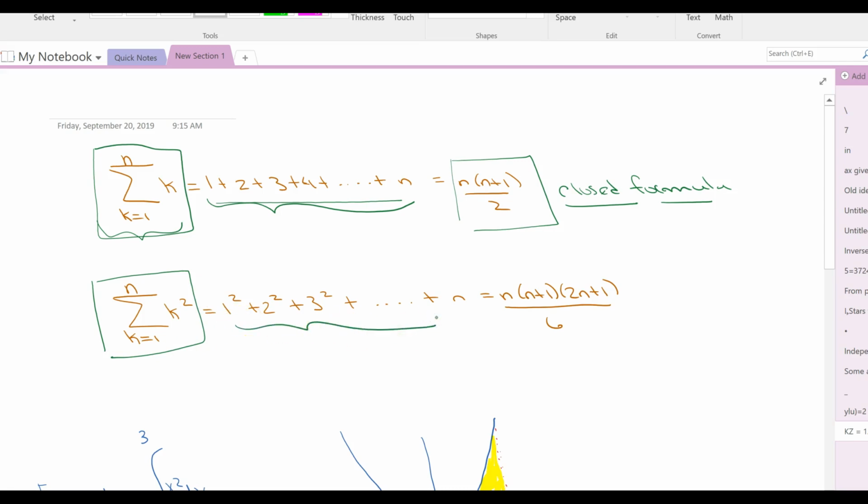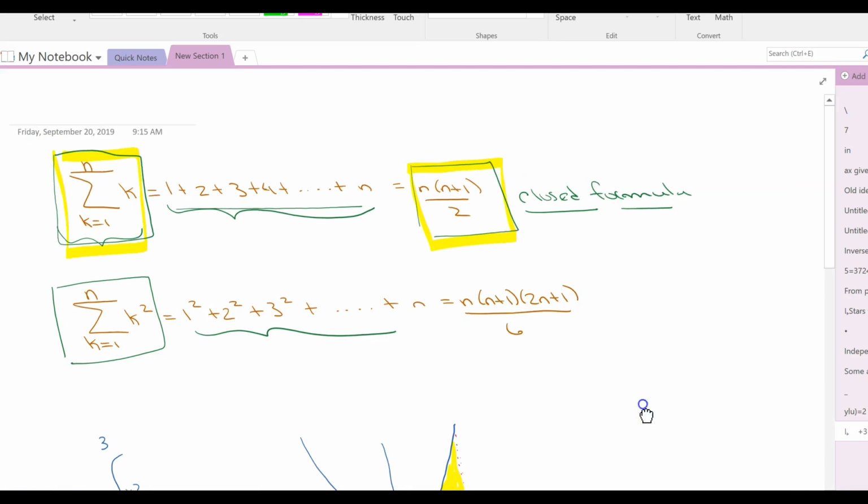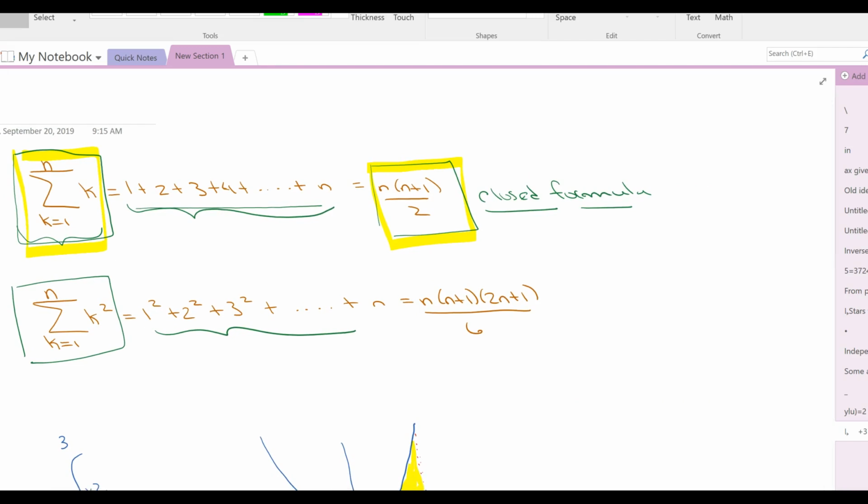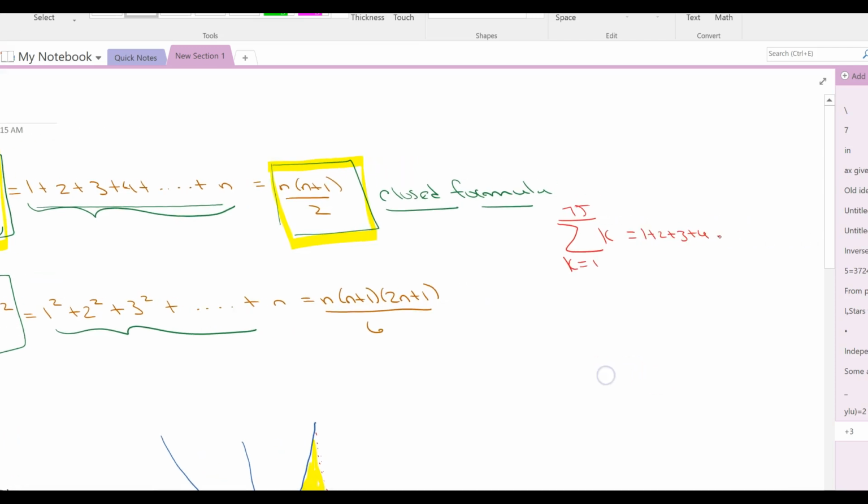So when we say that the summation from k equals 1 to n of k equals n times n plus 1 over 2, what that means is we're being given this wonderfully convenient formula. For example, if I wanted to calculate the summation from k equals 1 to 75 of k, one way to do it is to literally list out 1 plus 2 plus 3 plus 4 all the way through, okay?